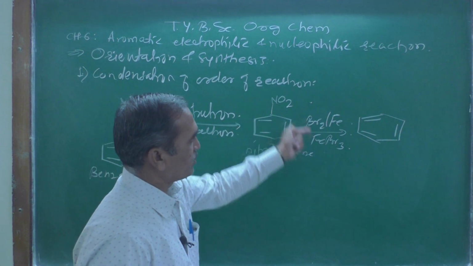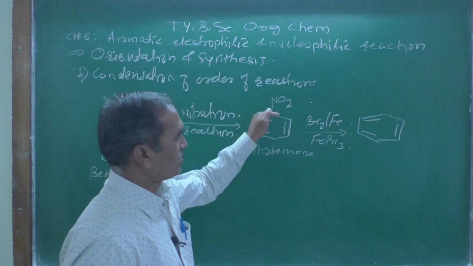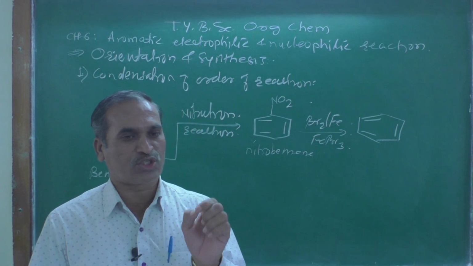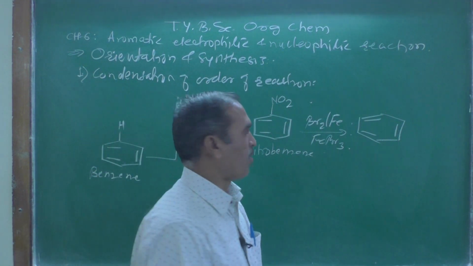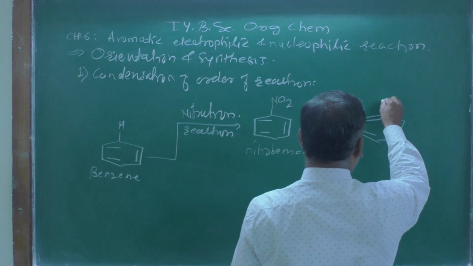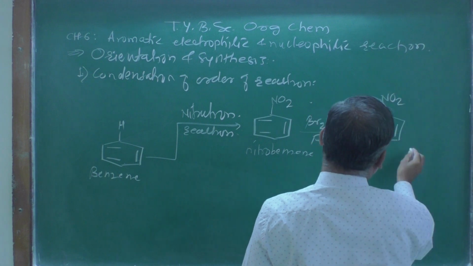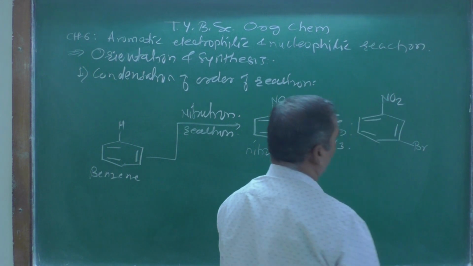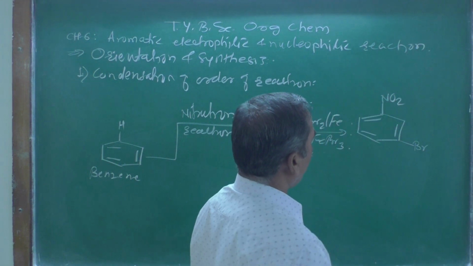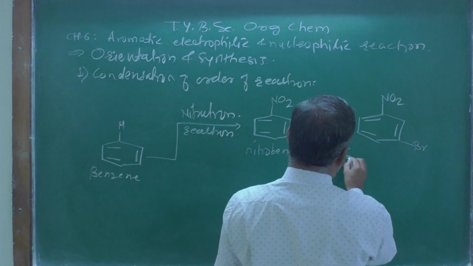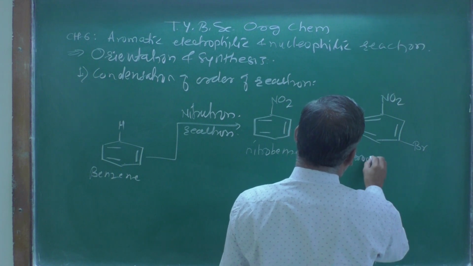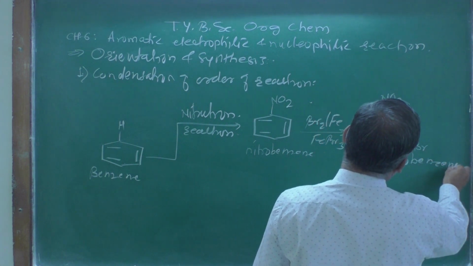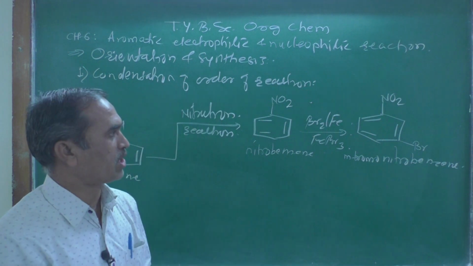When you carry out the reaction on nitrobenzene, the product predominantly gives meta products, so what you get here is meta bromo nitrobenzene. This is the product we got here.